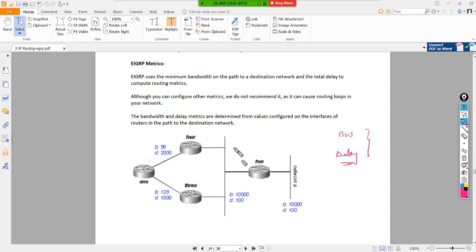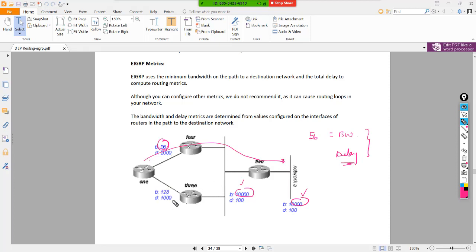Now again, one important thing that you should know: when I say we have two important parameters, bandwidth is going to be the shortest, or the lowest, bandwidth of this topology. So let's say this is one path. Throughout the path, which is the shortest bandwidth? Let's assume this is 56, which is shortest. Over here it's more than 56 and over here it's more than 56. So I'm going to only compare 56, because that's the shortest bandwidth. In the case of delay, that's going to get added up.